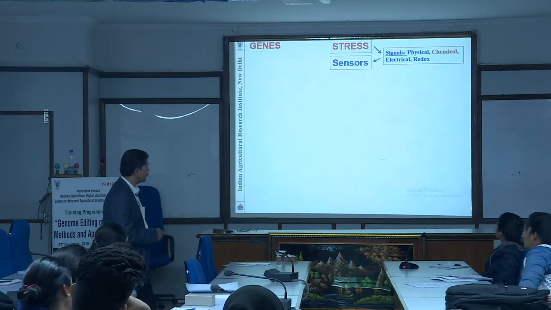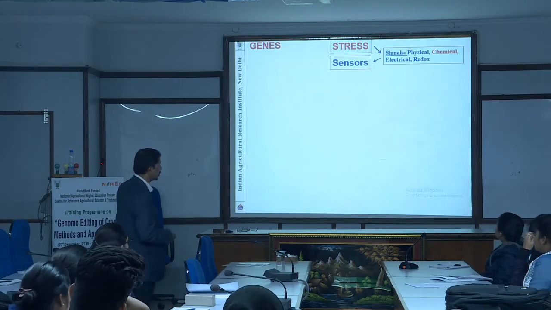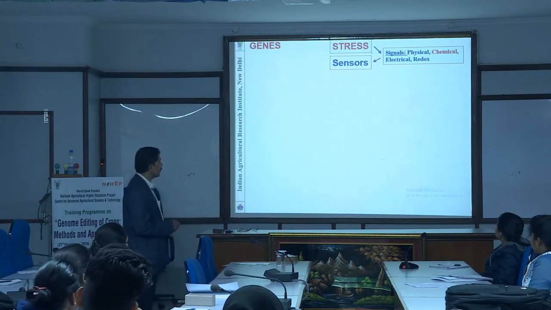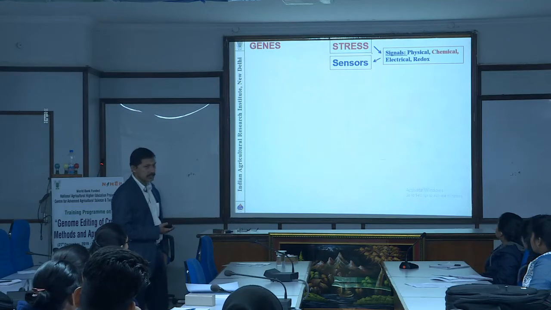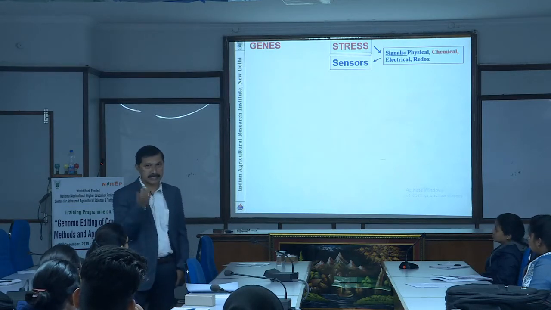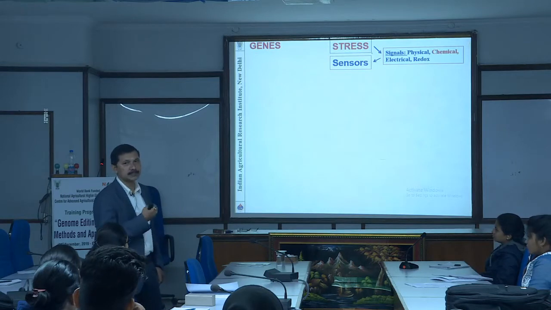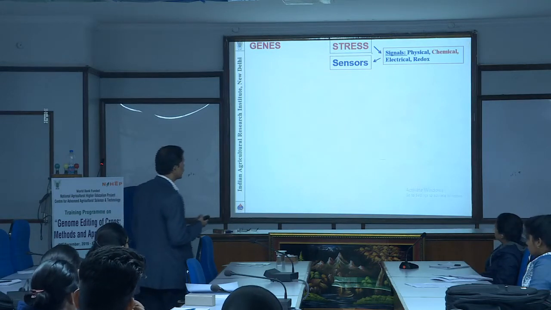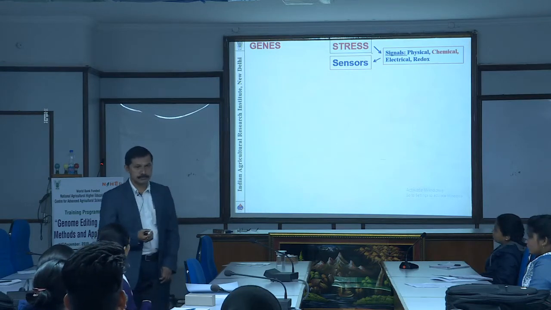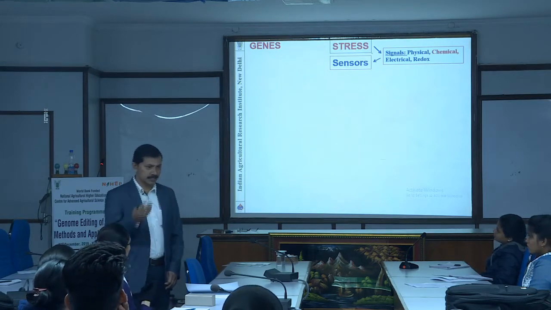It has to have some physical, chemical, electrical, or redox signal. Some signal should be there from the stress. So if water is not there, what signal does a plant get? Wilting is a response. What is the signal? Closing of stomata is a response.